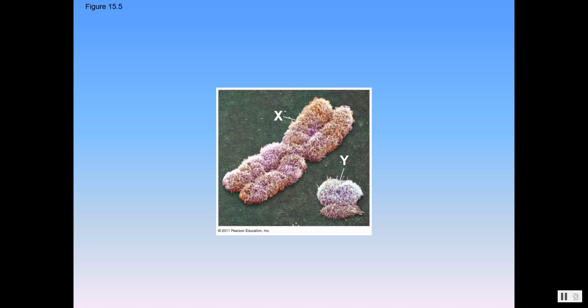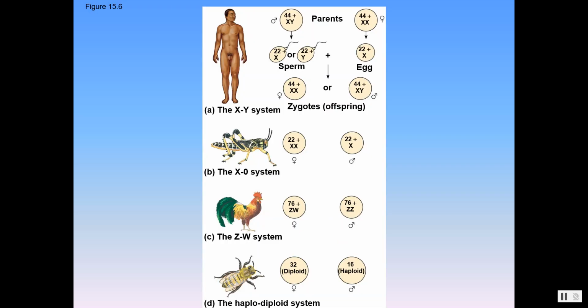For example, if it's on the Y chromosome, then it's only going to affect biological males, right? The X chromosome or X-linked traits can affect both males and females. Some of our X-linked traits in humans: color blindness, hemophilia, Duchenne's muscular dystrophy, there's a variety of different X-linked diseases and disorders.